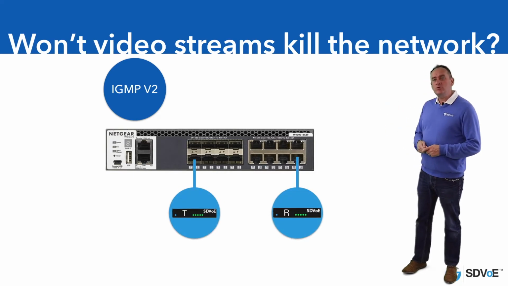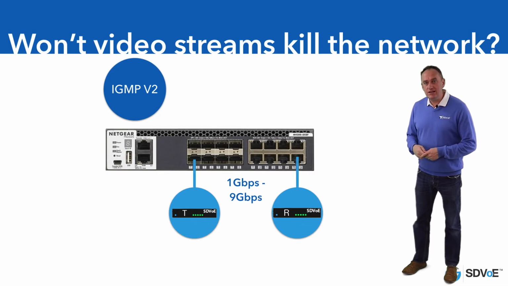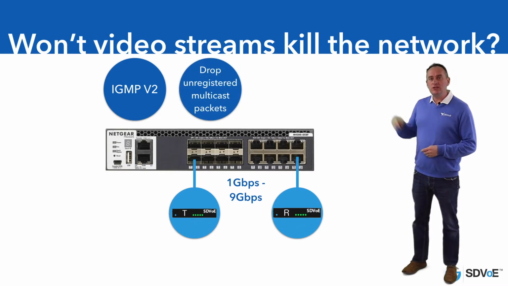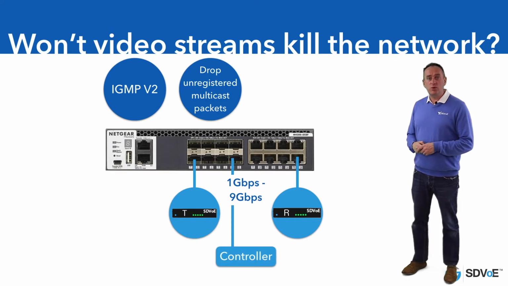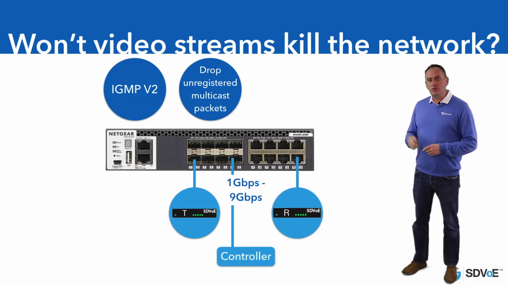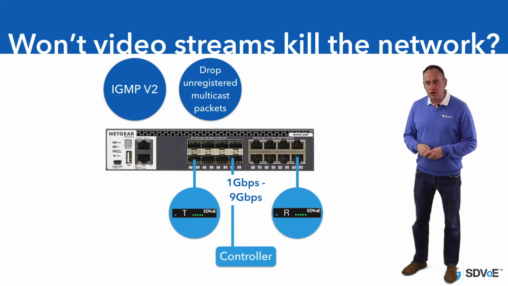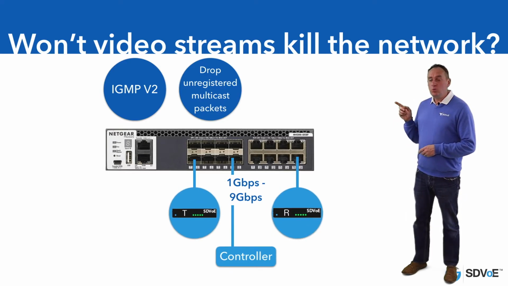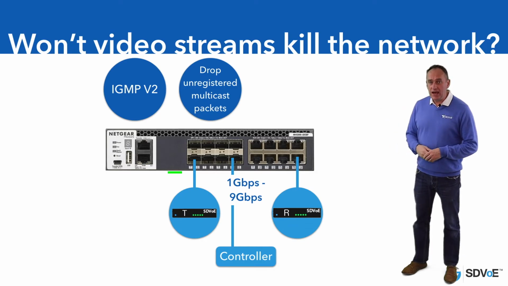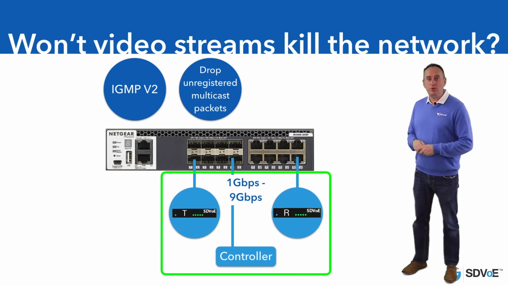SDVoE video streams will be multiple gigabits per second IGMP streams, so making sure that unregistered multicast packets are dropped by your switch is a wise move, and this is usually dealt with by a simple setting on the switch. Device discovery uses low bandwidth broadcast packets, so in order for it to work, the controller needs to share a broadcast domain with the endpoints.